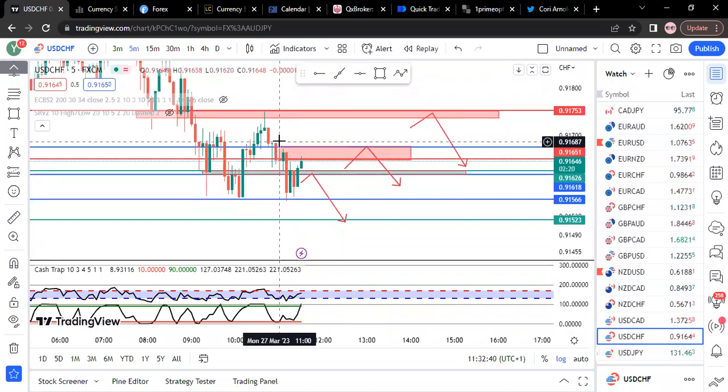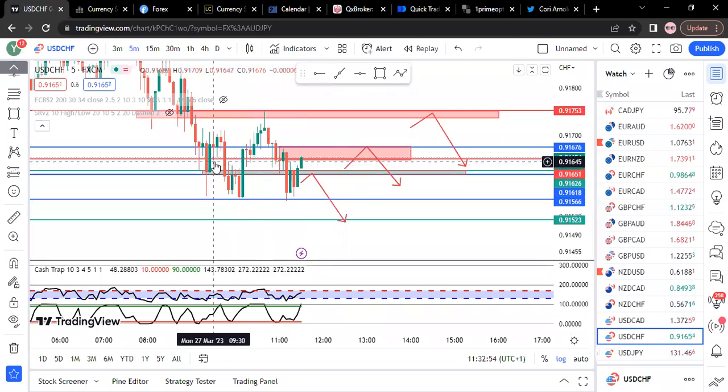Let me see if this market is following timing. Here, this is 40 at 45. It reversed, right? This is 35.